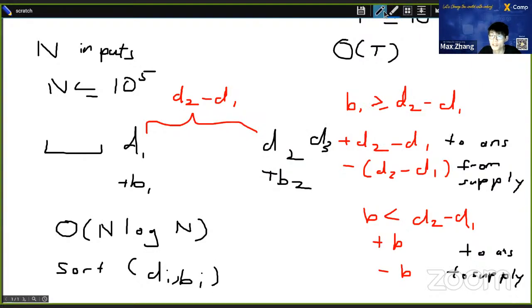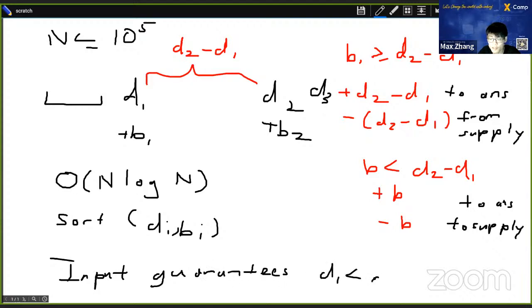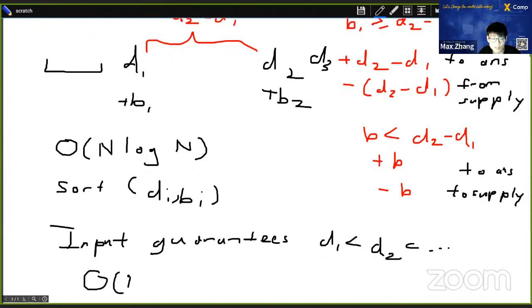Or actually, the input guarantees that they're already sorted, so that D1 is less than D2 is less than, and so on. So we can just do O of N because they already sorted it for us in the input. So we have an O of N solution, and that will be fast enough to solve all of the test cases.